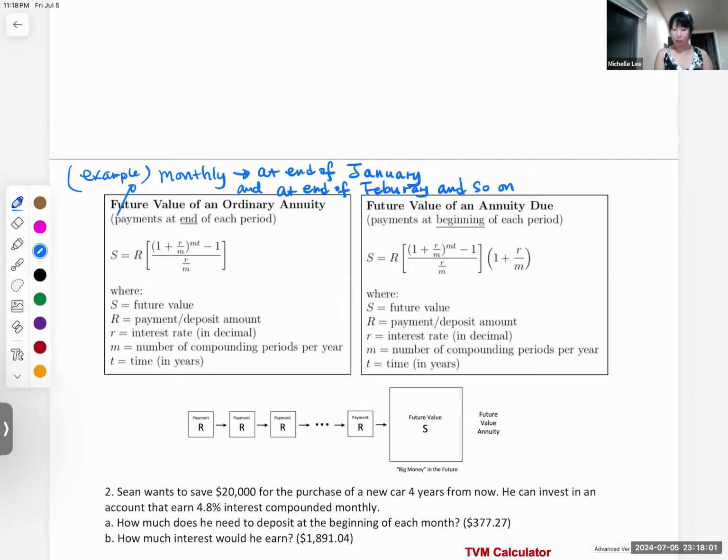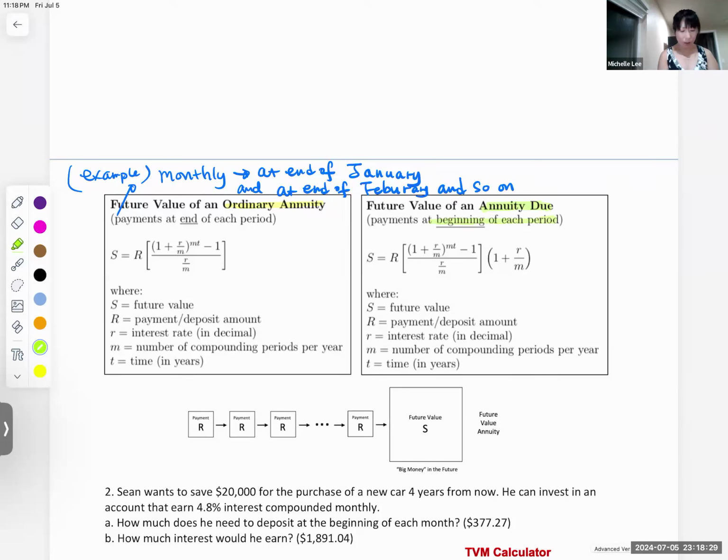Okay, we have the future value of an annuity due. That's terminology, right? So one is ordinary annuity, and then we have the annuity due, right? Okay, this one, they say this is at the end, and this is at the beginning of the period.